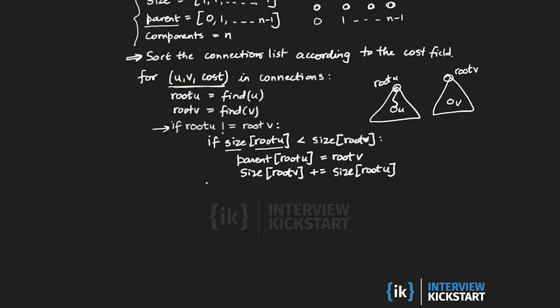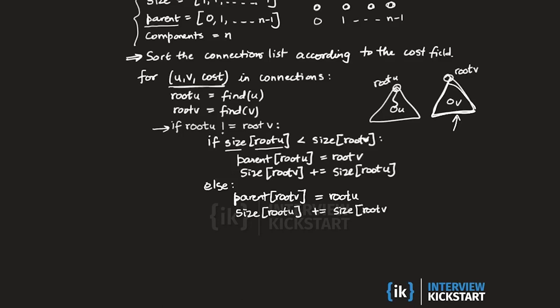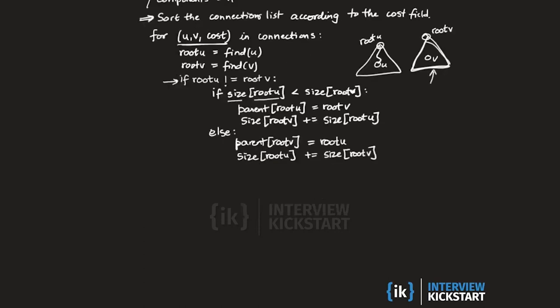Otherwise, we assume that this tree is the smaller one, and so we're going to make the parent of root v be root u, and the size of root u is going to go up by the size of the tree that is now coming under it. And as before, whenever we are doing a union operation, we will decrement the number of components by 1.